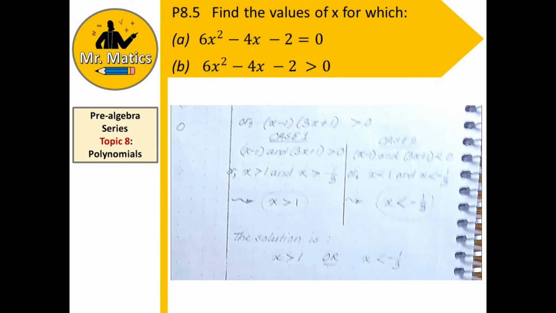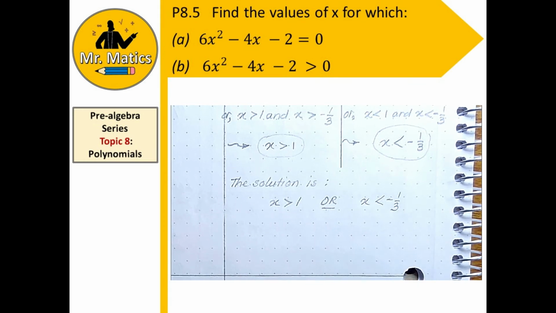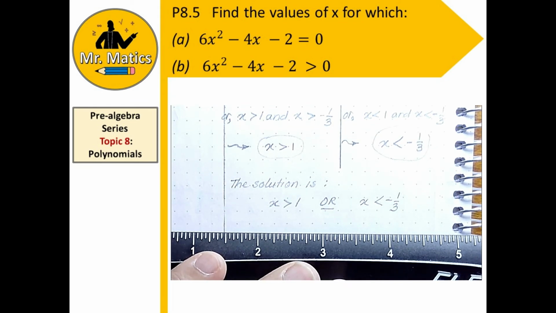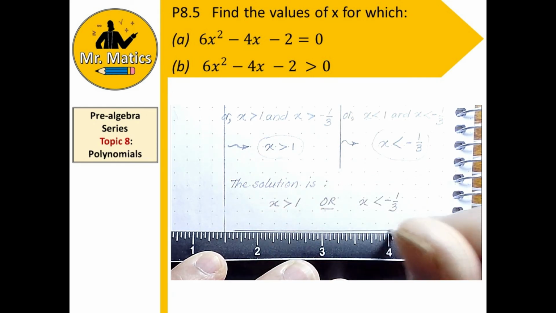Now they cannot happen together, but of course they will happen individually, and that will make the expression greater than 0. So let's do a number line. That's the best way to represent these type of solutions.